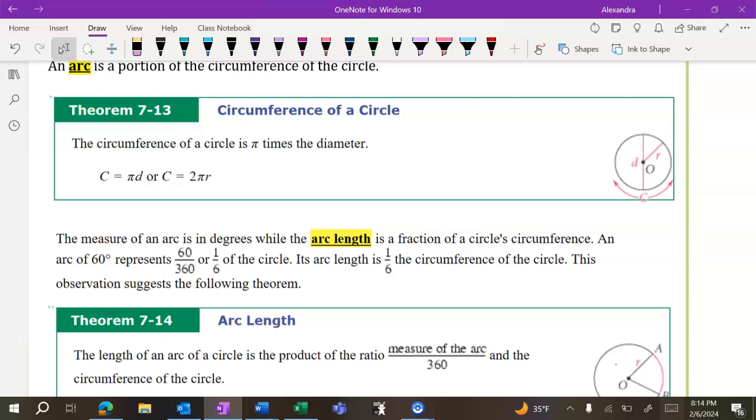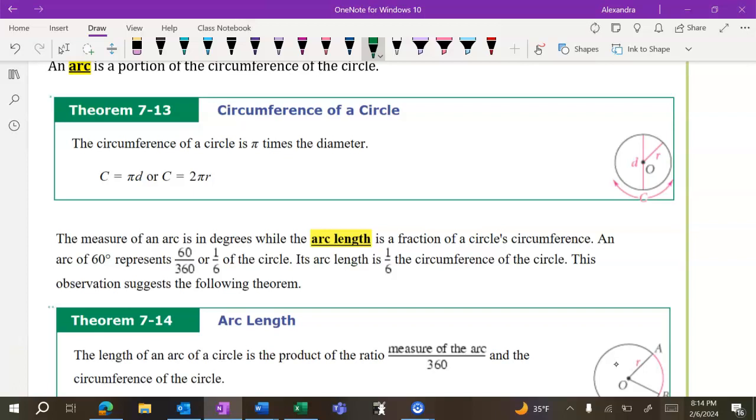Because we are just looking at the arc length, I'm going to be multiplying that by that portion of the circle. So I know a full circle is 360 degrees. If my angle was, say, 60 degrees, I would want to do 60 over 360, or 1/6.